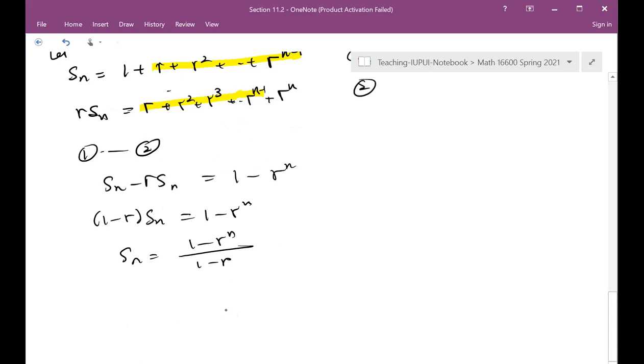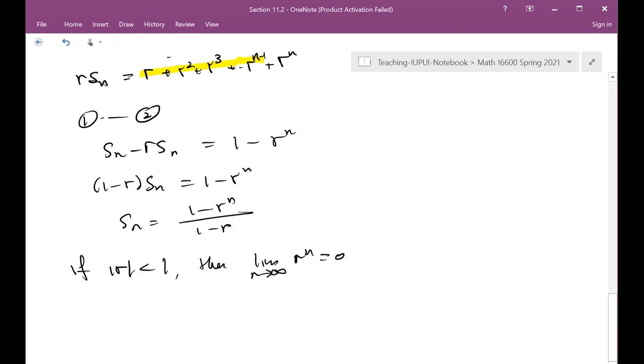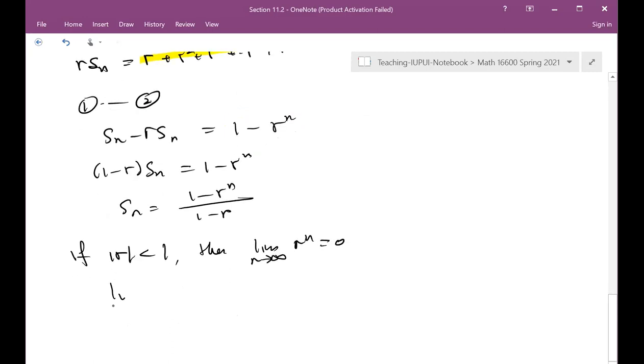Now, we know that if the absolute value of r is less than 1, then the limit of r to the n should be 0. So in this case, the limit of Sn is going to be 1 over (1 minus r), because r to the n is 0.